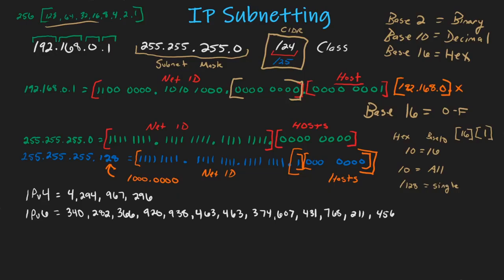Just like in IPv4, a /32 equals a single address. That means that its subnet is literally just that one address, just itself. It has to be routed in order to hit other subnets or other addresses or on the same local device.